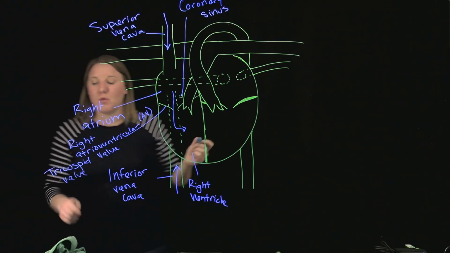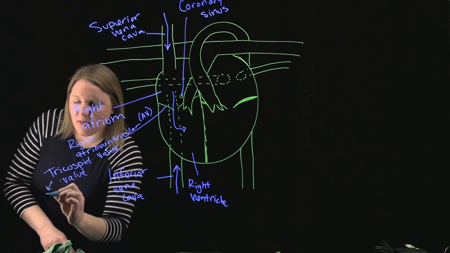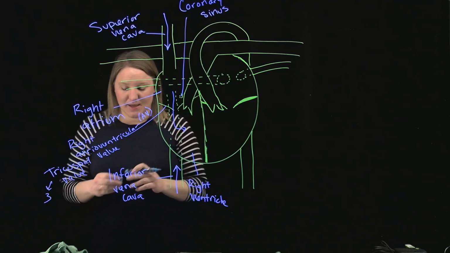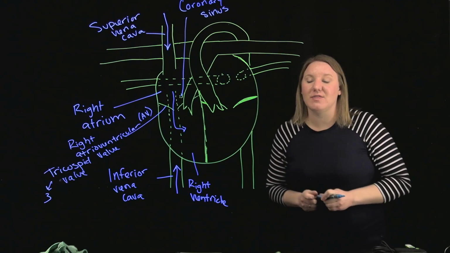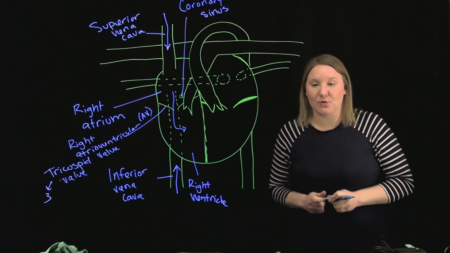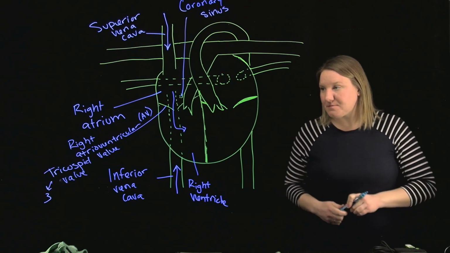Why the tricuspid? Well, tri means 3. And while you can't see this in a 2-dimensional drawing, if you're looking at a cadaver heart, you will typically see that there are 3 leaflets or cusps to this valve.